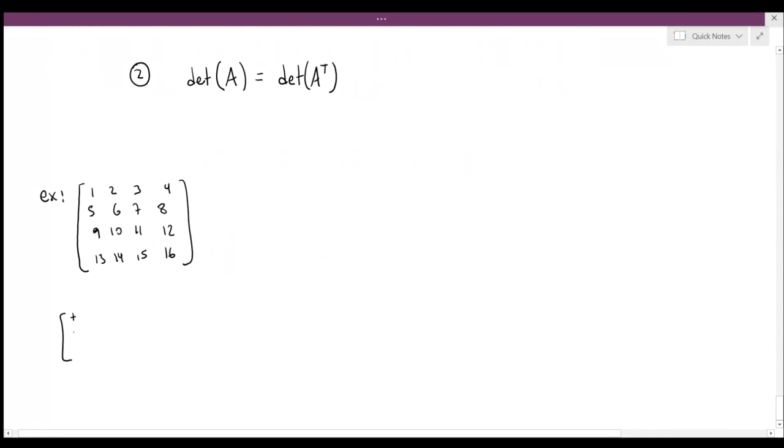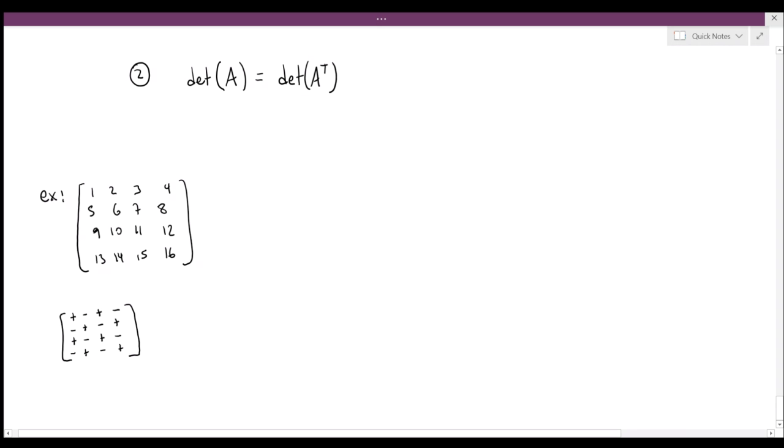First I want to determine what terms will be added or subtracted when I do the cofactor expansion. So let's start with plus minus signs along the first column, and then I'm going to alternate along each row. So here I'll get minus, plus, minus, and so forth.